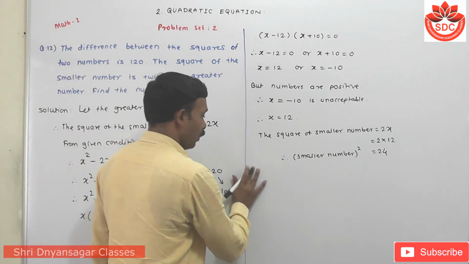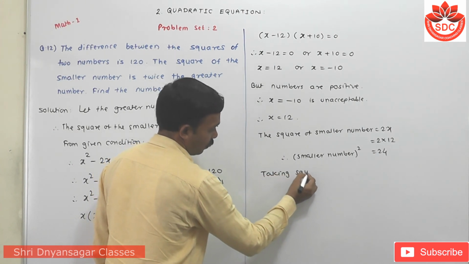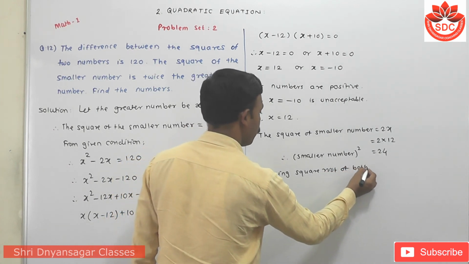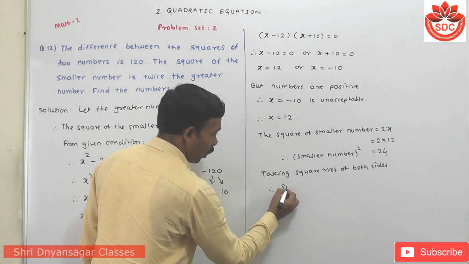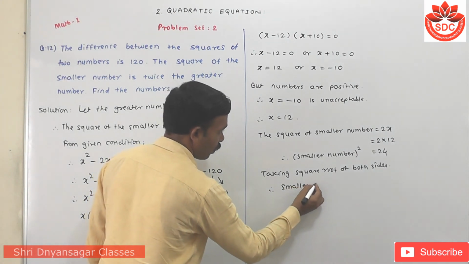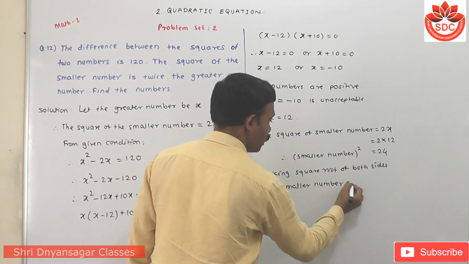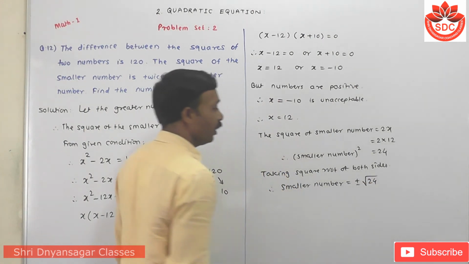Then we have to take the square root of both sides. We write this one is the smaller number, square goes here, is equal to plus minus root of how much? 24.